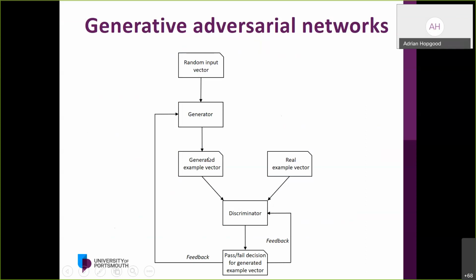So the generator's generating more and more examples, let's say fake artwork. The discriminator is trying to separate those out from real artwork and gets better and better at the curator job by discriminating between the two. Based on what's rejected by the discriminator, the generator gets better and better at generating the sort of fake artwork. So this idea of adversarial networks has gained quite a lot of interest in terms of rapidly improving the quality of what's produced.